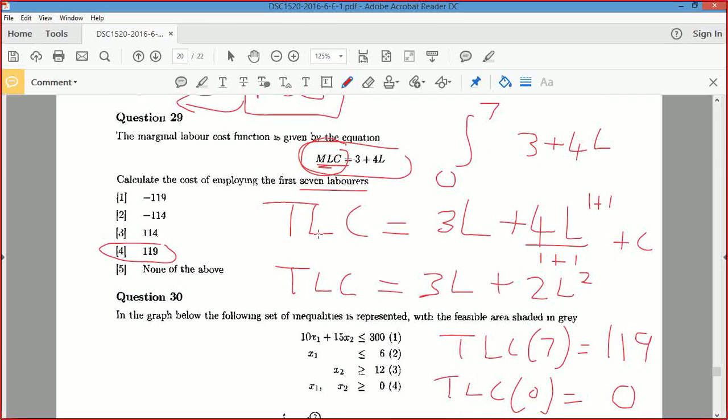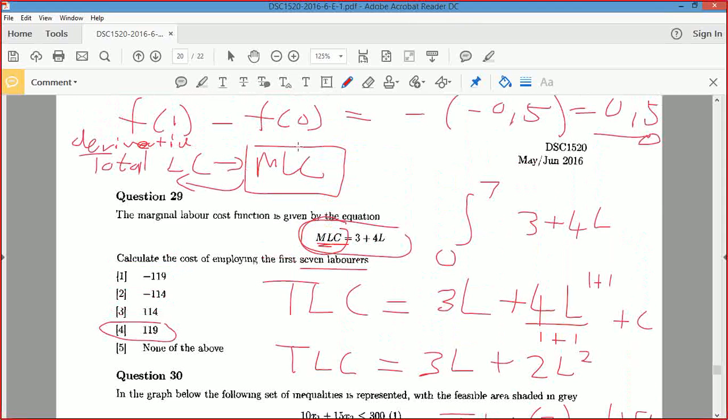Make sense? Yeah, we're moving from marginal back to total. If I derive the total labor cost function, I get the marginal. The derivative of total labor cost gives me marginal labor cost. So if I want total labor cost, I need to go backwards.